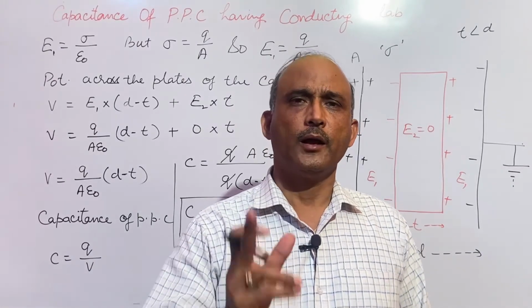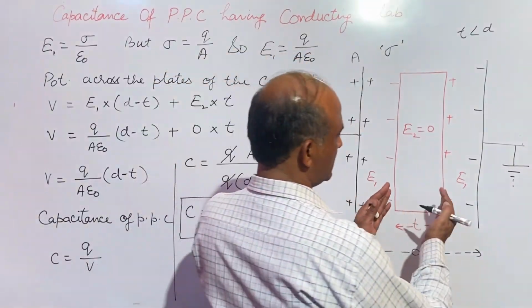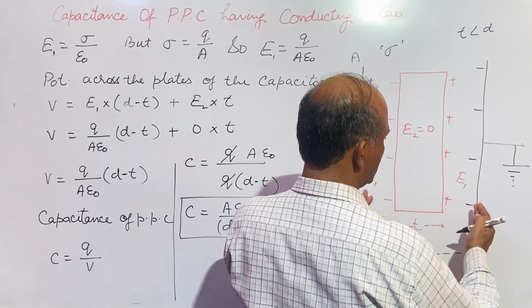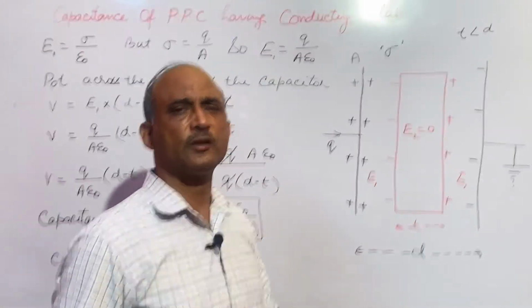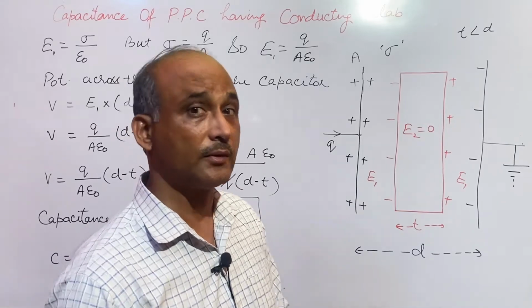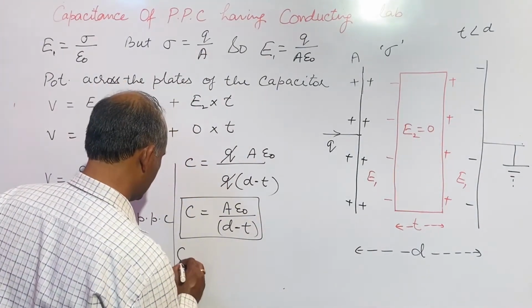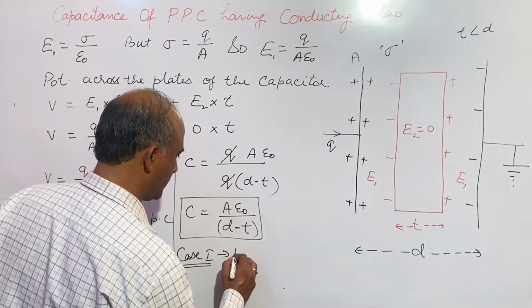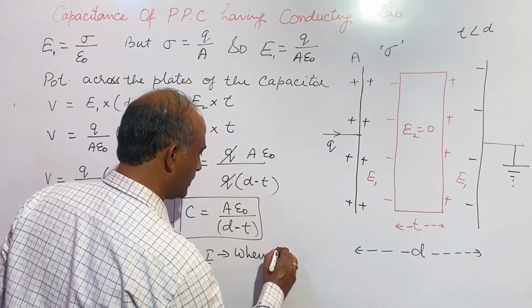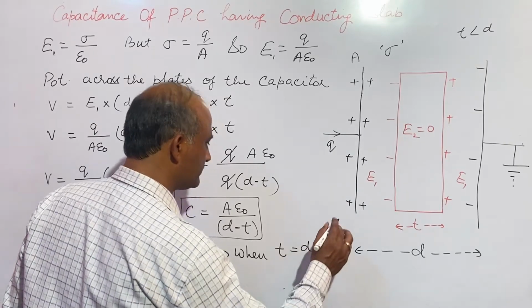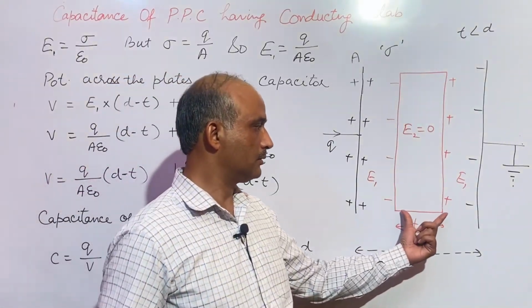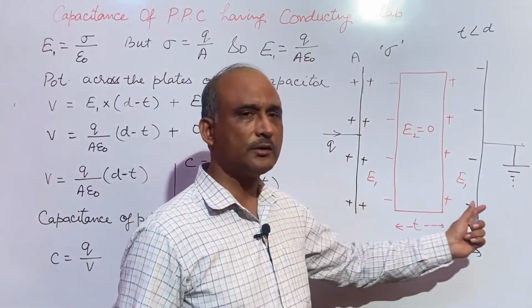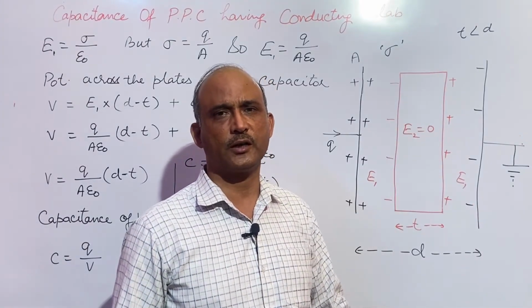Now, if this conducting slab fills the whole separation between the plates, then case first, when t is equal to d, this conducting slab fills the whole separation between the plates of the capacitor.